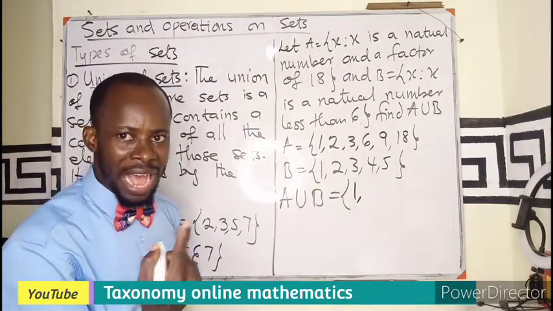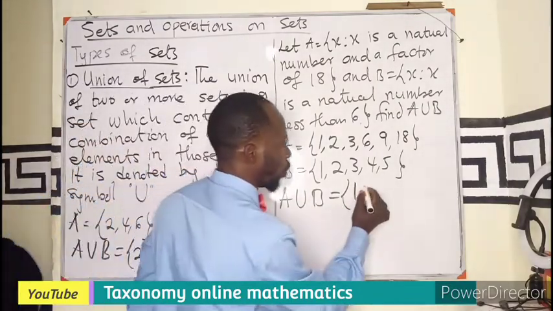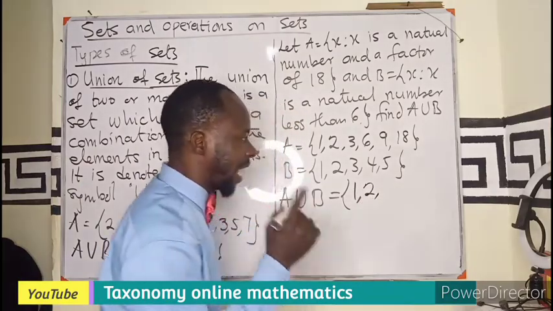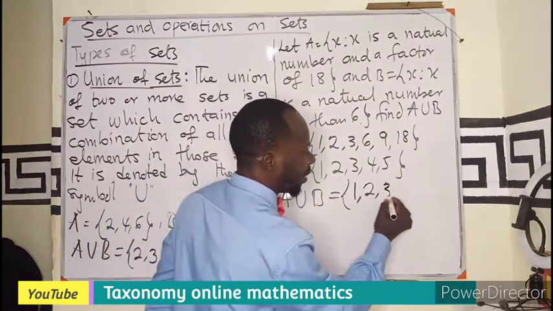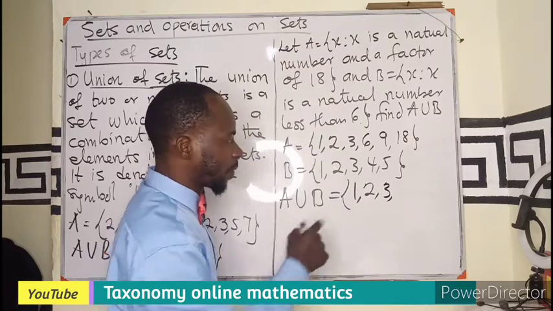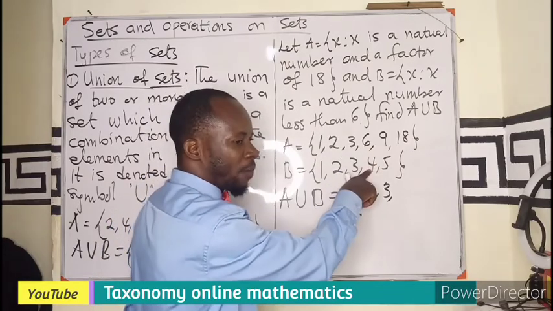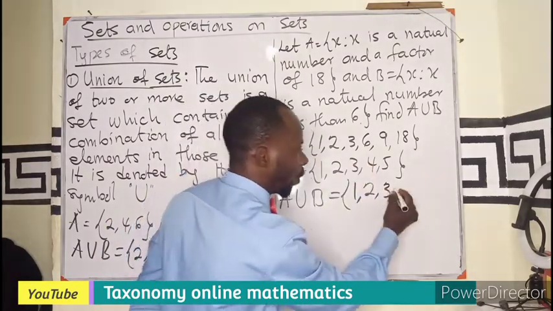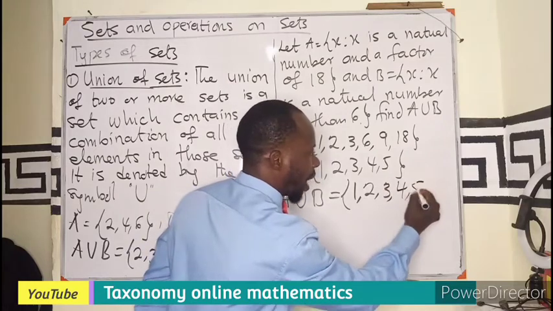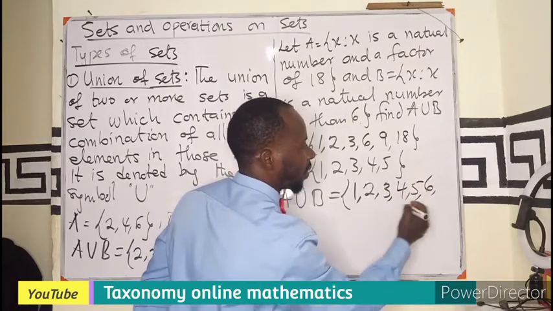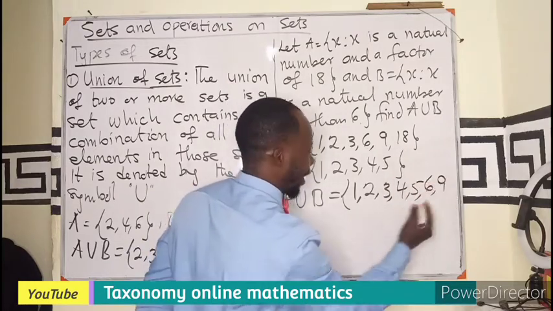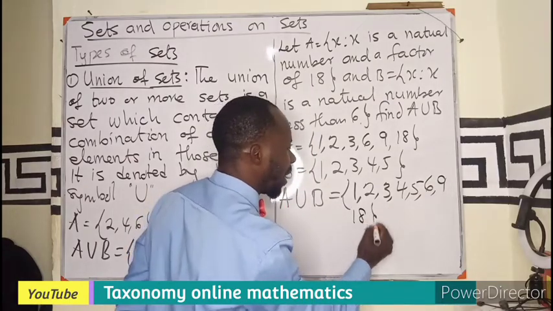The next number after 1 will be 2, and even though it appeared twice, I take it once. Then 3, and from here I have 6, but 4 is smaller than 6, so 4. 5 will come, 6, then we have 9 and 18.